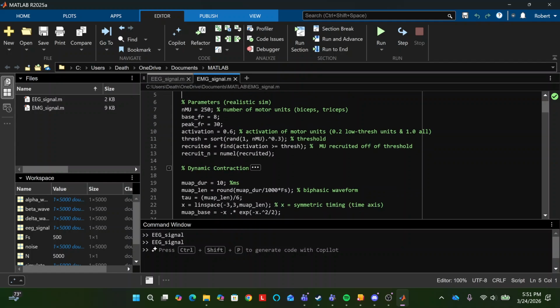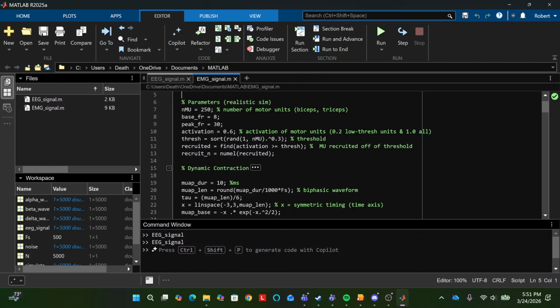Then we're looking at the number of motor units. Each muscle has a number of motor units in there. So when you contract or decontract your muscle, it has a specific number of motor units. So for our 250, this is actually our voice box.